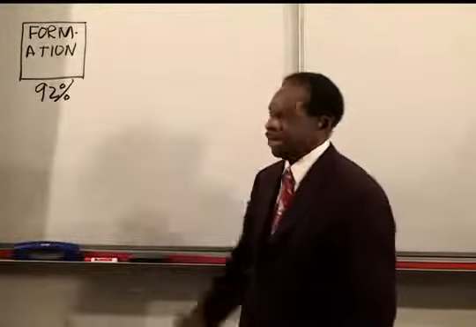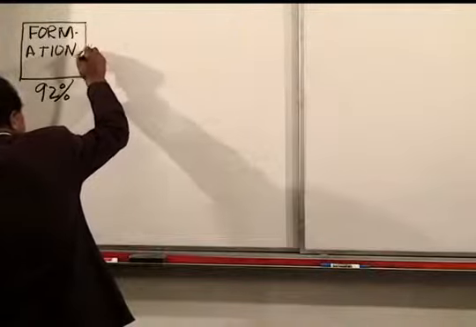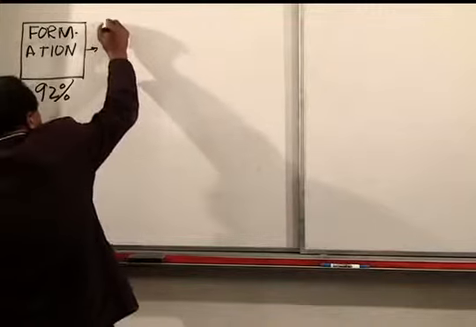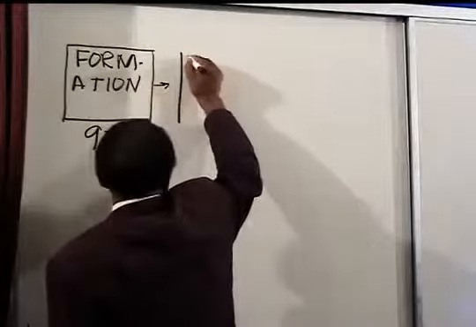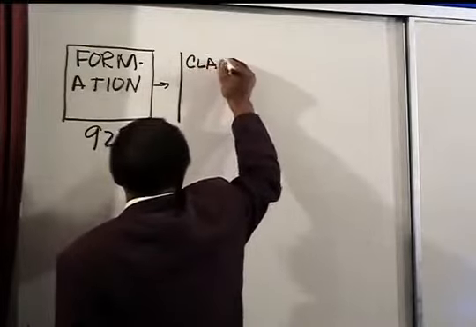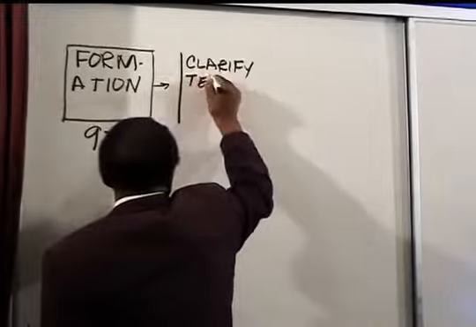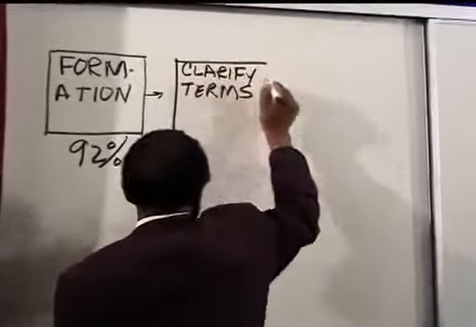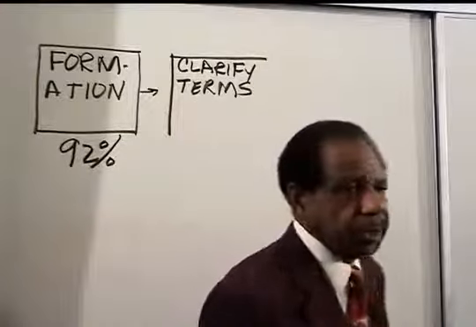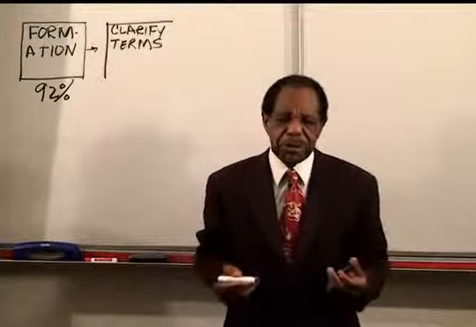If the contract has been formed, the next major area is what I call clarifying the terms. Now, this clarification of the terms, I also sometimes refer to as interpretation of the contract.